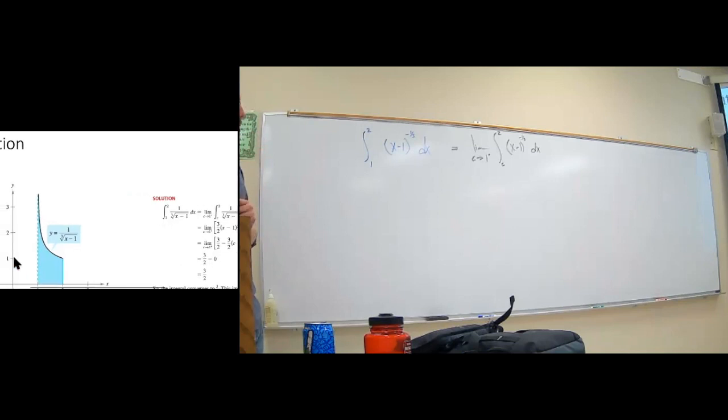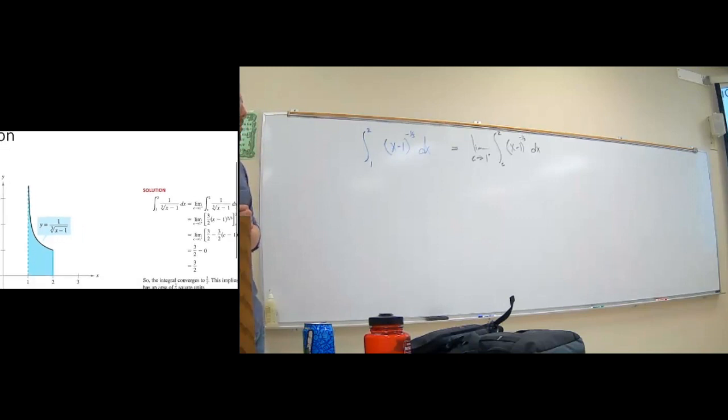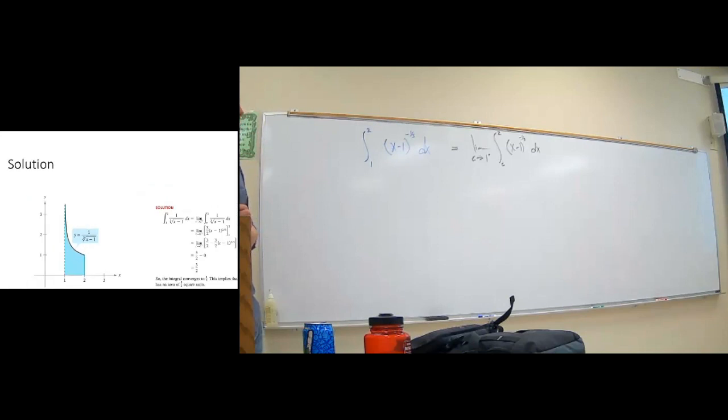So we go from y equal to infinity down to y equal to 2. We have this giant area that actually only turns out to be 3/2 units squared. So if each unit was an inch, this would only have an area of 3/2 inches squared. That is insane.